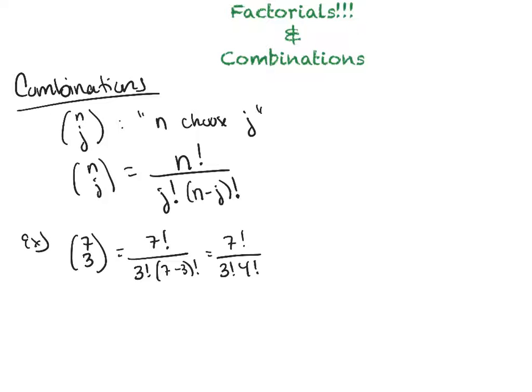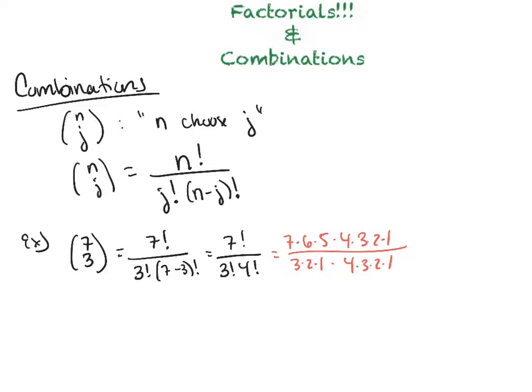Now for this first example, I'm going to write this out in red because there's a ton of cancellation that happens. So 7 factorial is 7 times 6 times 5 times 4 times 3 times 2 times 1. And the numbers are small enough that I don't mind writing all of them. 3 times 2 times 1 is 3 factorial, and 4 times 3 times 2 times 1 is 4 factorial.